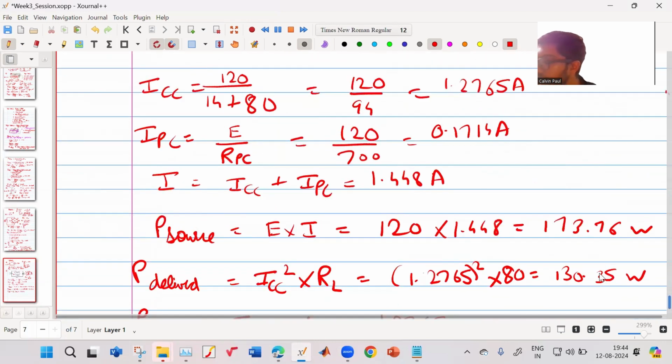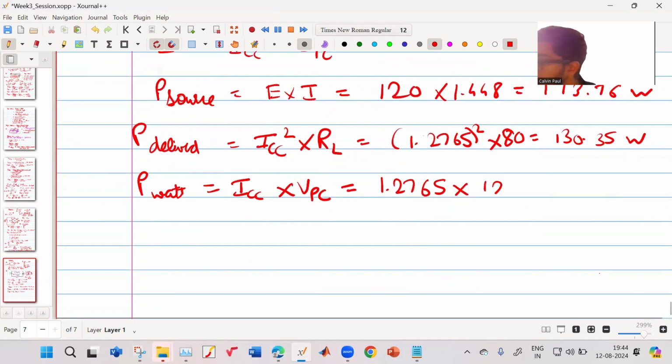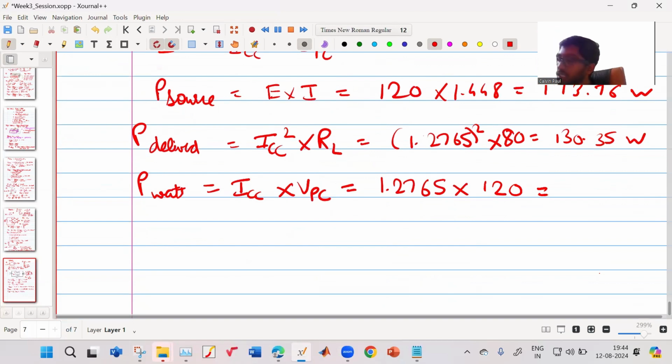So that is 1.2765 into 120. So how much is this? 153.18 watt.